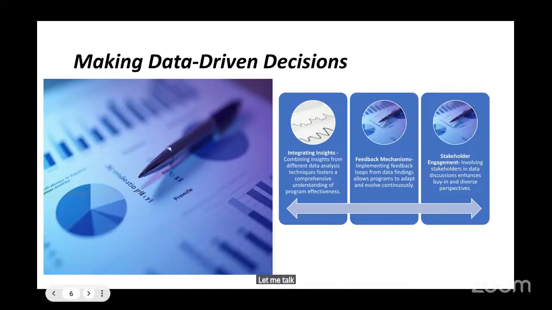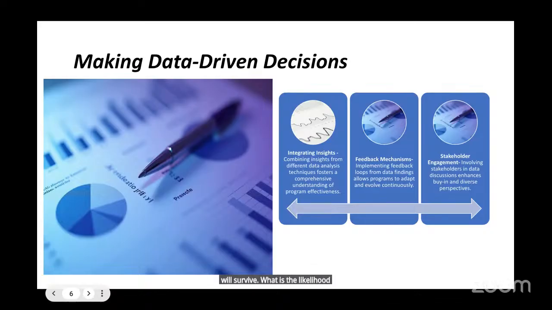Let me talk about integrating insights. You combine the insight, be it from qualitative or from the quantitative analysis that you've done, so that it can enhance program effectiveness. So now you're using what you gathered, the analysis that you've done, to better understand program effectiveness. What is the likelihood that this program will survive?